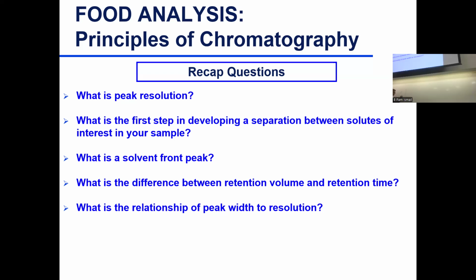Okay, so the retention time, usually we get it right in the middle of the peak. So here we record the retention time. Whatever it is, let's say it's 7.2 minutes. That's your retention time at the peak, the highest concentration of your sample. Okay.